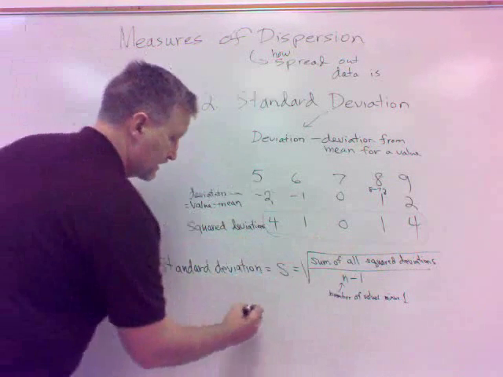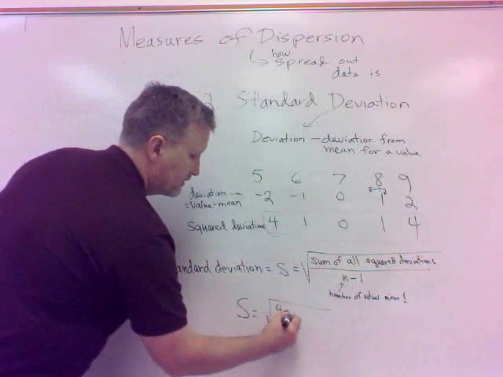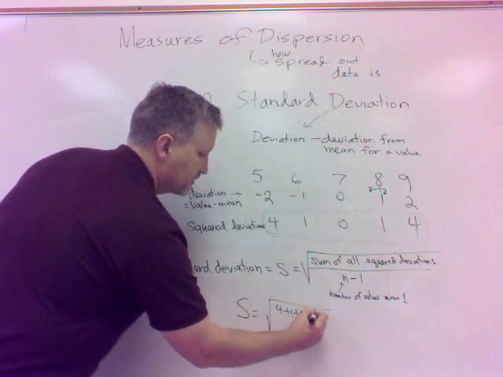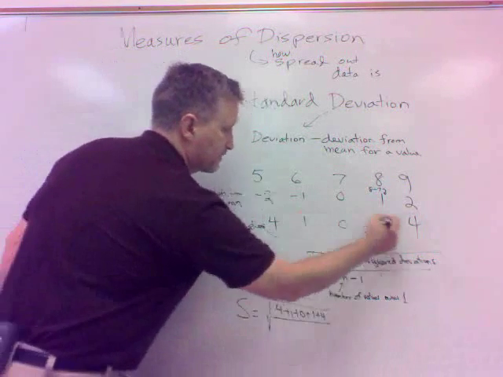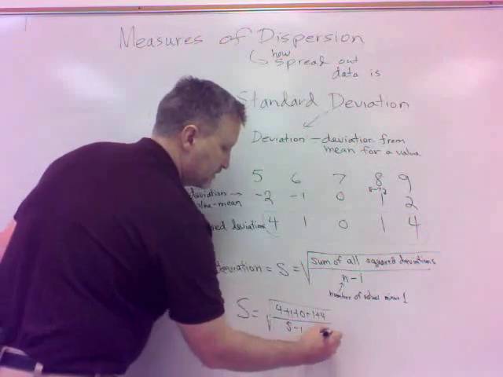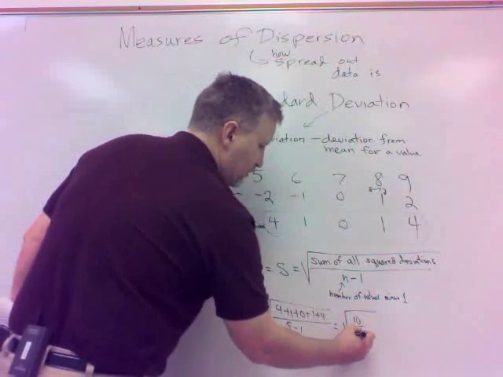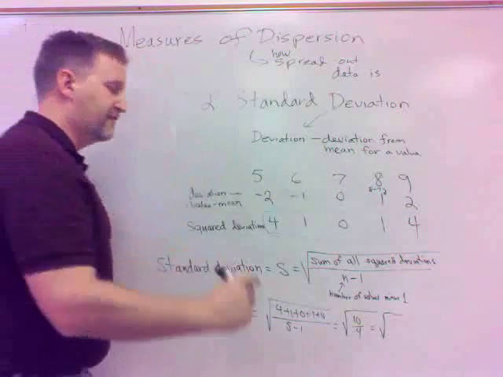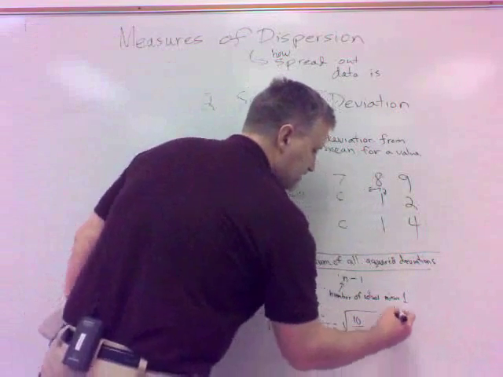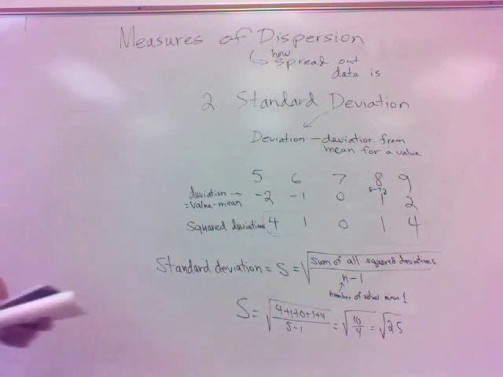Now, what is it in this case? Well, it's going to be the square root of 4 plus 1 plus 0 plus 1 plus 4 divided by n minus 1. There's 1, 2, 3, 4, 5, so it would be 5 minus 1. What does that get me? 10 divided by 4, square rooted. 10 divided by 4 is 2.5. And then the square root of 2.5, whatever that is, 1.58.